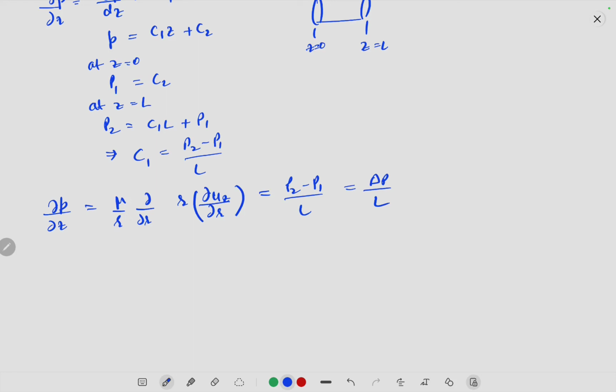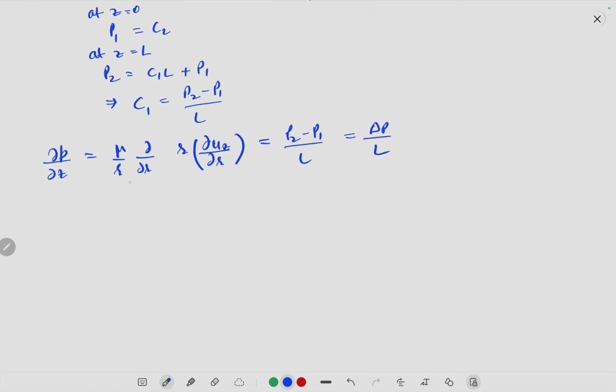Okay, so let's quickly solve it. This del by del r is acting on this, so let's take r this side and mu this side. So I'll get del by del r of (r del uz by del r) equal to delta p by L times r by mu.